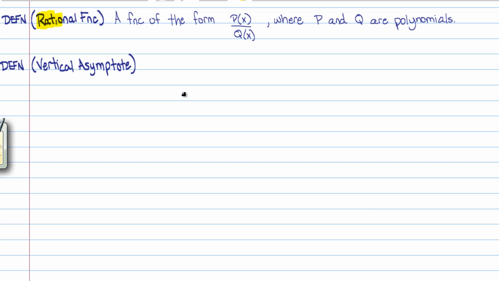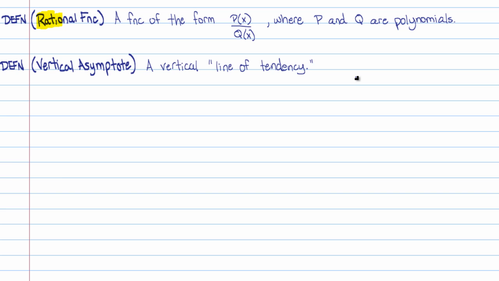Now, since that should be review, I'm going to mention real quickly what a vertical asymptote is. A vertical asymptote is usually very useful when you're graphing a rational function. Essentially, these are vertical lines that your graph can never touch, or in other words, a vertical line of tendency.